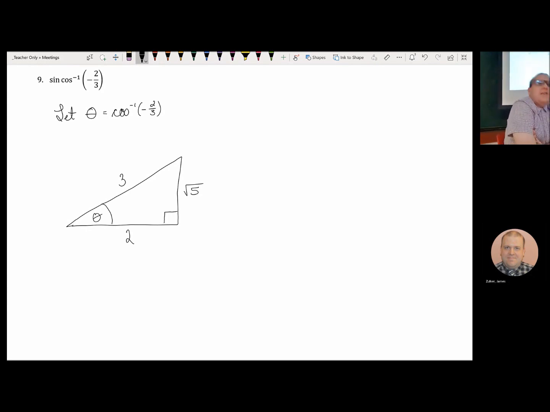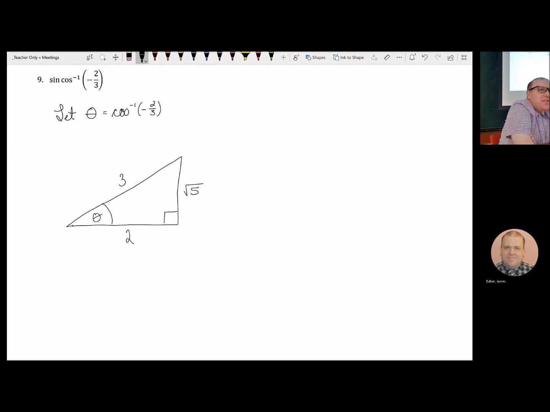Now here's where the modification comes in. We're dealing with quadrant 2. What is the sign of sine in quadrant 2? So I can just use these values.